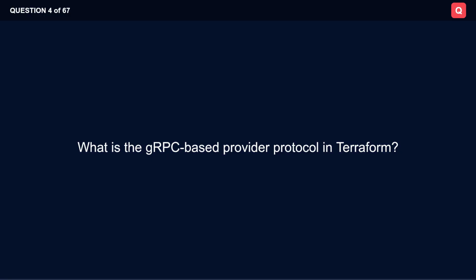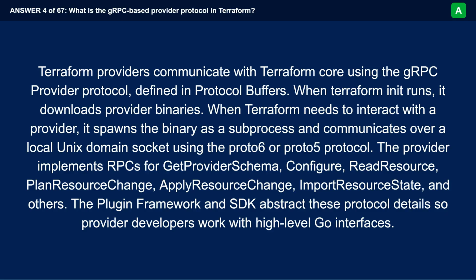What is the gRPC-based provider protocol in Terraform? Terraform providers communicate with Terraform core using the gRPC provider protocol, defined in protocol buffers. When terraform init runs, it downloads provider binaries. When Terraform needs to interact with a provider, it spawns the binary as a subprocess and communicates over a local Unix domain socket using the Proto6 or Proto5 protocol.